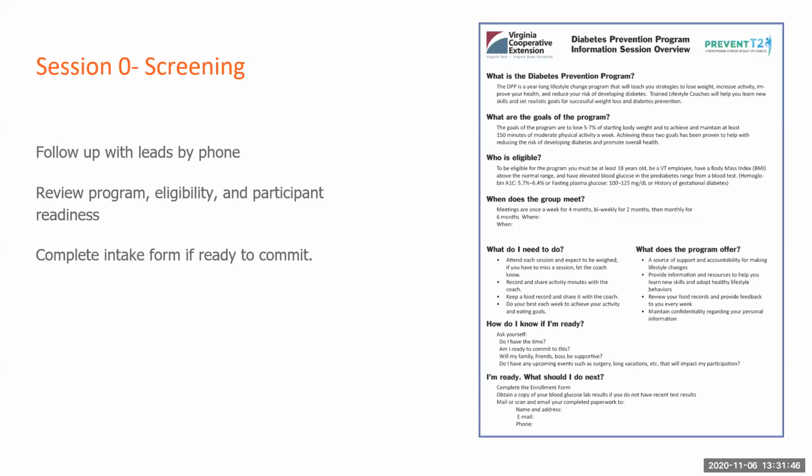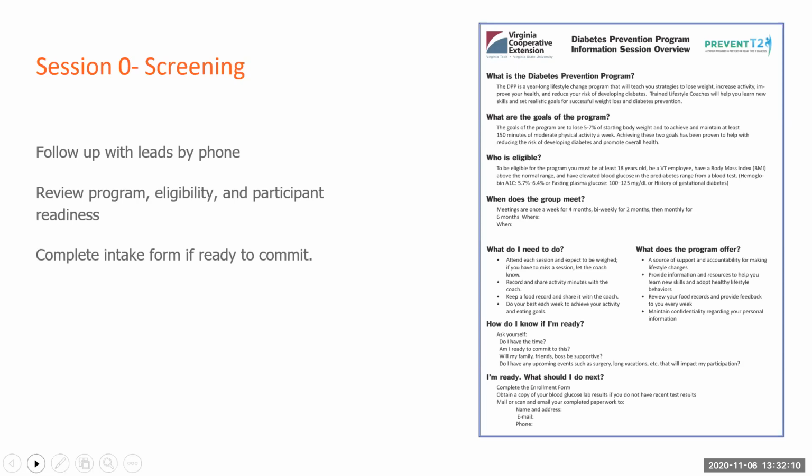So we're going through and making sure that we're covering all this stuff in the conversation, and making sure that the person is really ready to make that decision whether they want to join the program or not. And if they are, then we'll go ahead and complete the intake form. Now, some people have been doing their intake form on Qualtrics, and we decided just to do the intake form on the phone, again, to build that personal connection. And you can go to the next slide.